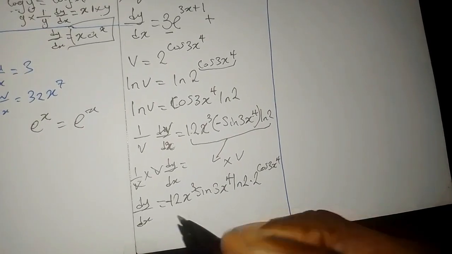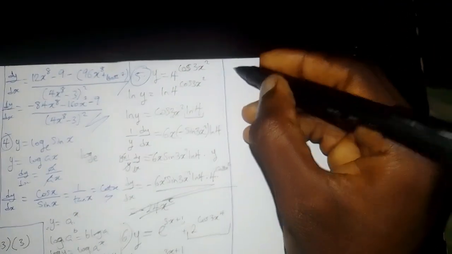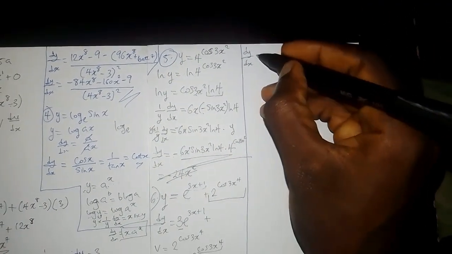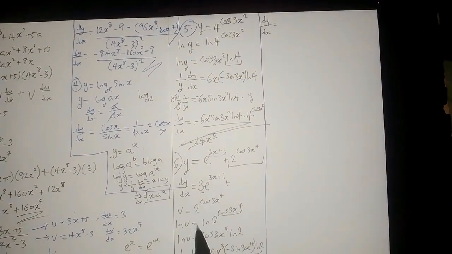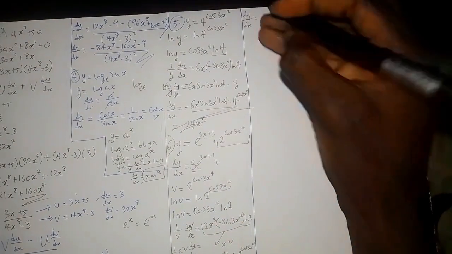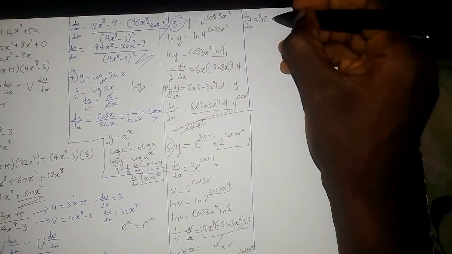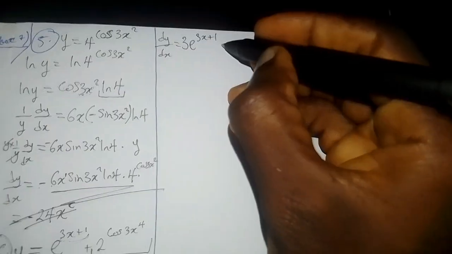That means dy dx is then equal to, the first answer here is 3 exponential 3x plus 1, plus the second answer. Now what's the second answer? The second answer is the final answer I got here, minus 12x raised to power 3 sine 3x raised to power 4 ln 2 multiplied by 2 raised to power cos 3x.